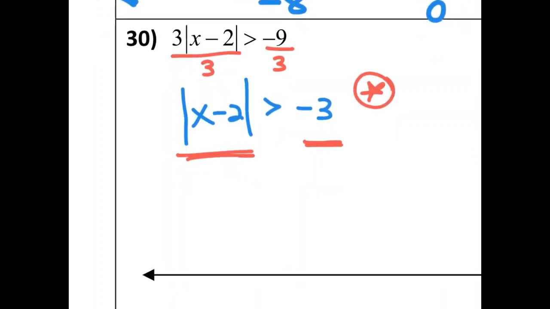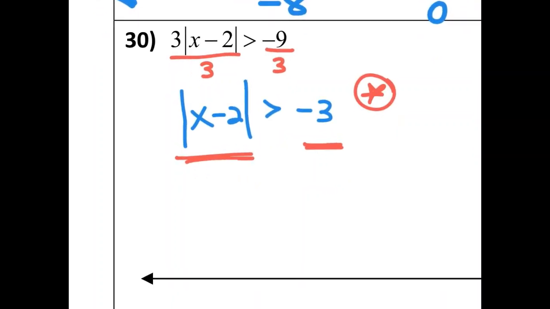This time we've got a greater than sign. And the absolute value is always a positive number, and so here we have a positive number is greater than a -3. Every positive number is greater than any negative number, and therefore all real numbers satisfy that solution.